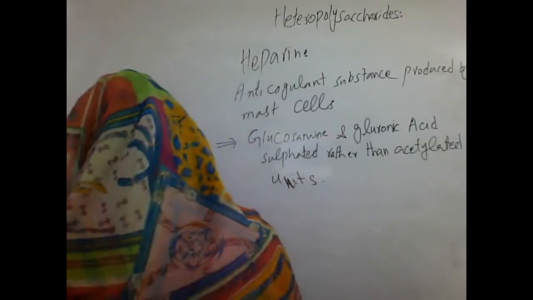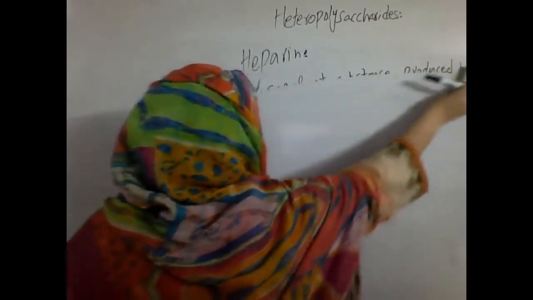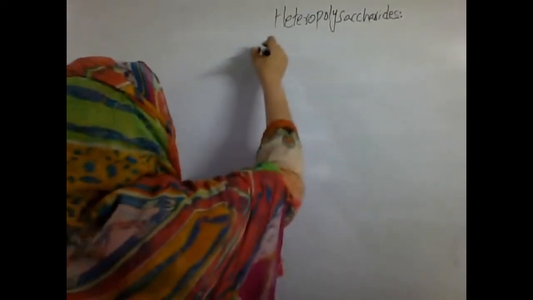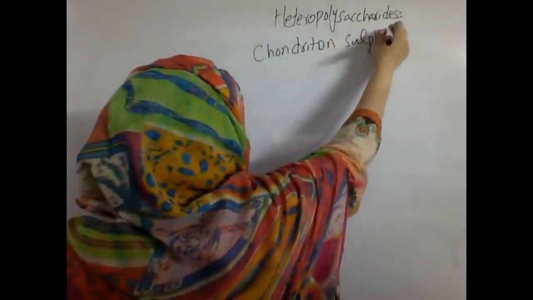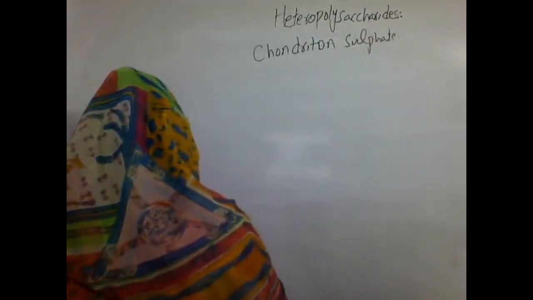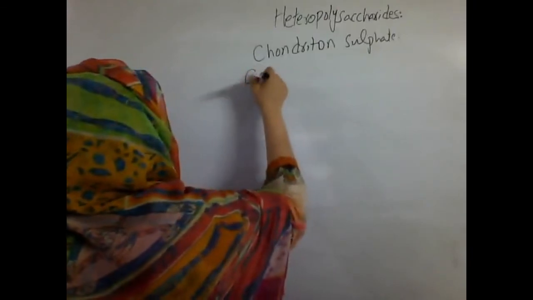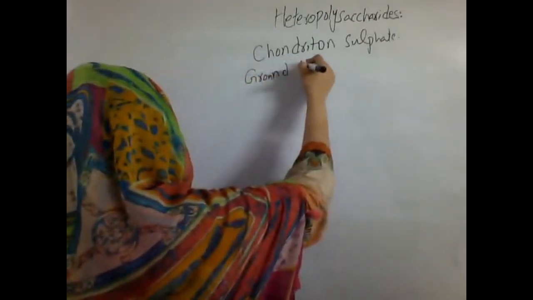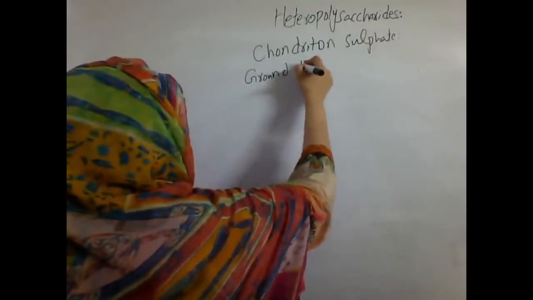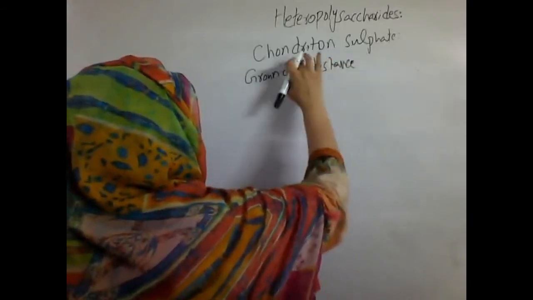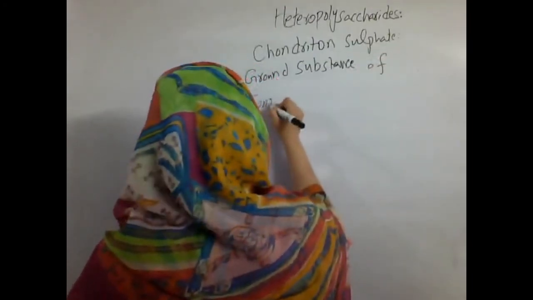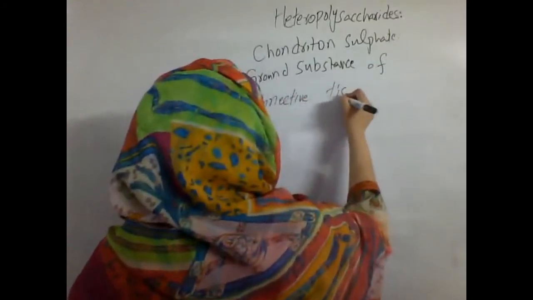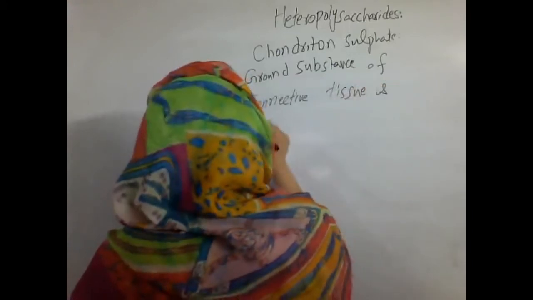Next one is the chondroitin sulfate. It is present in the ground substance of connective tissues and cartilage.